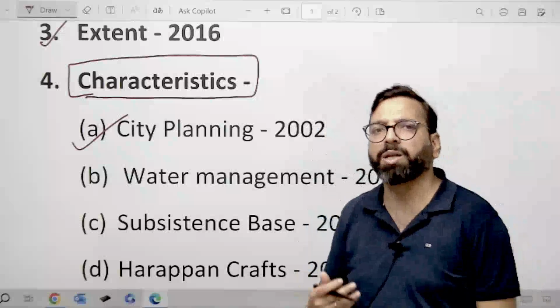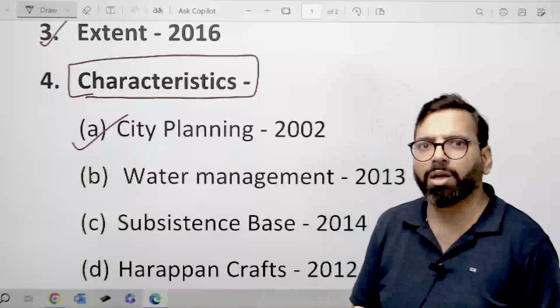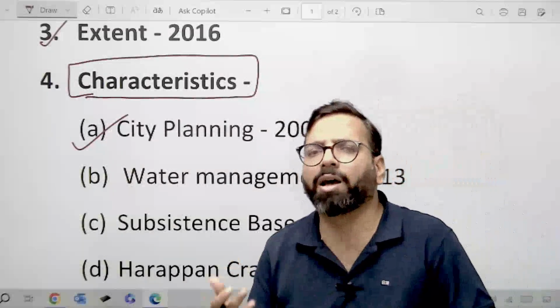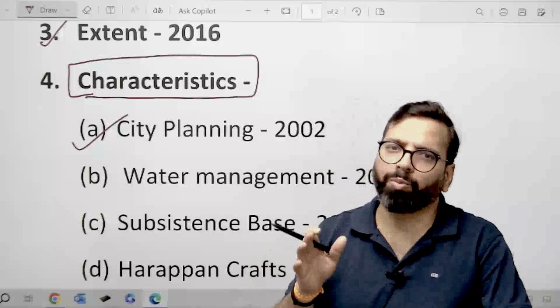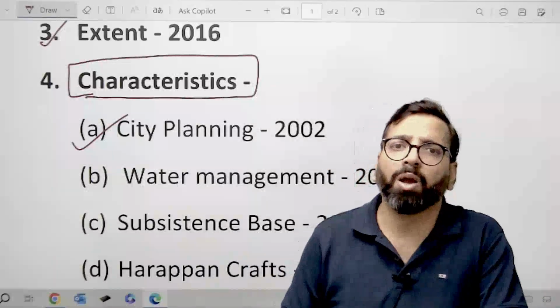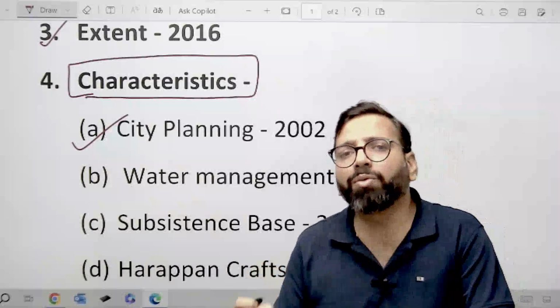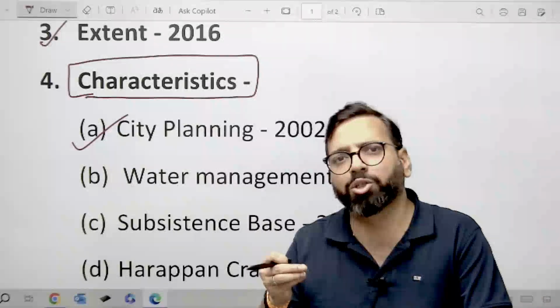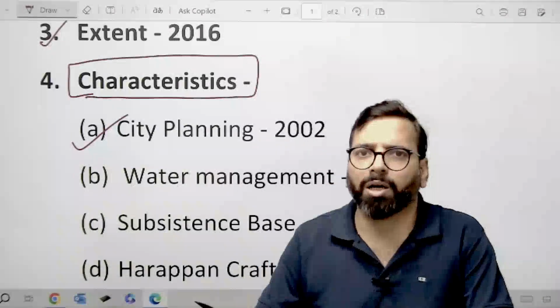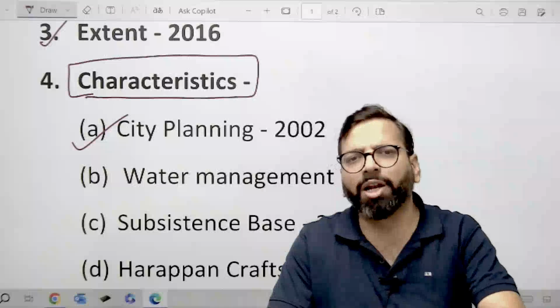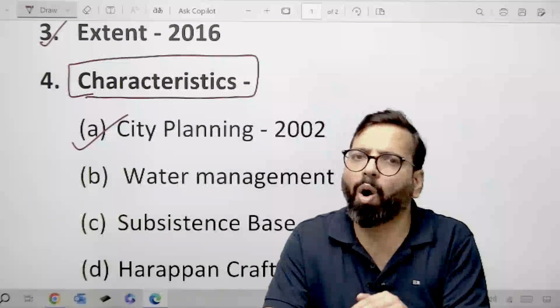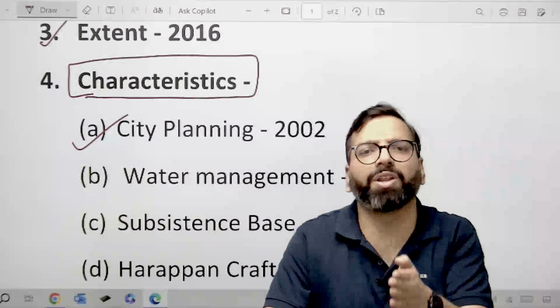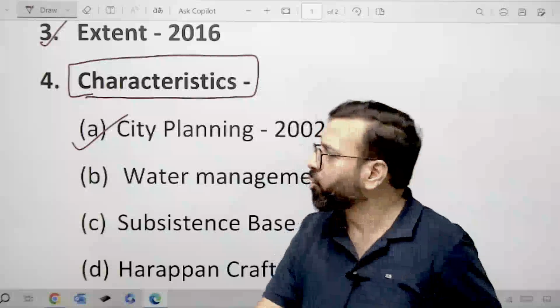Of course, city planning is one of the most important topics. It was a well-planned urbanized culture. So what are the things we can learn from it and thus solve present day problems related to urbanization becomes very, very important. So city planning is there.